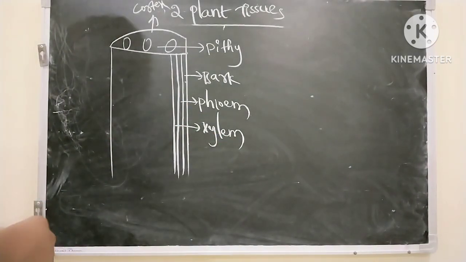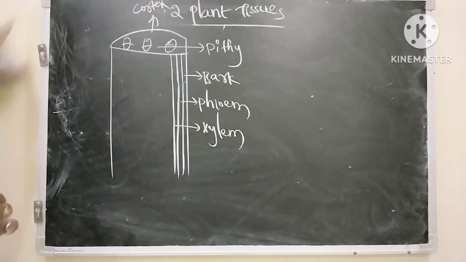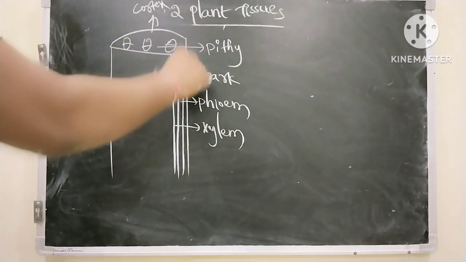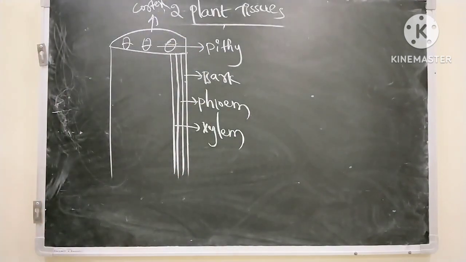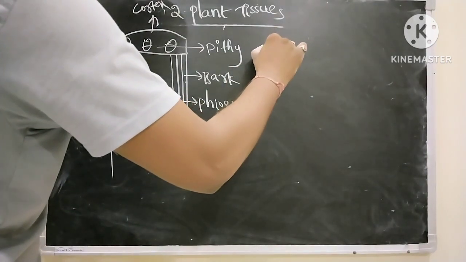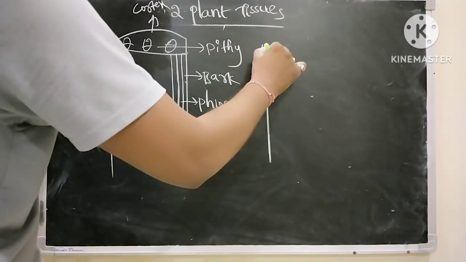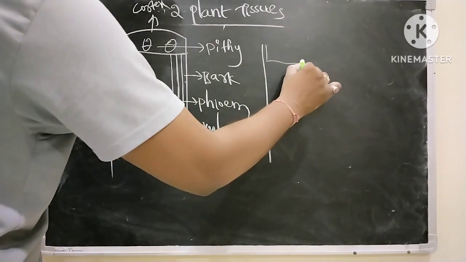These are the vascular bundles, through which the supply of water and food materials is possible. Next, here we will draw the diagram of how water and food are transported.